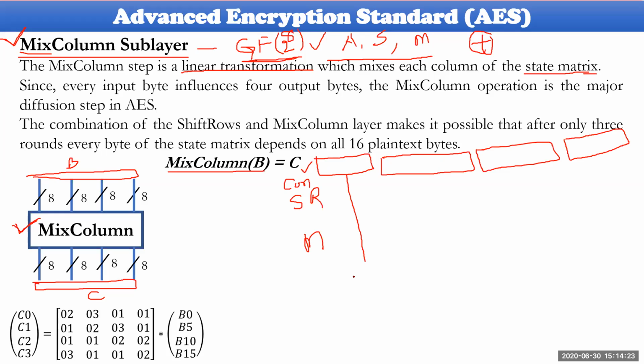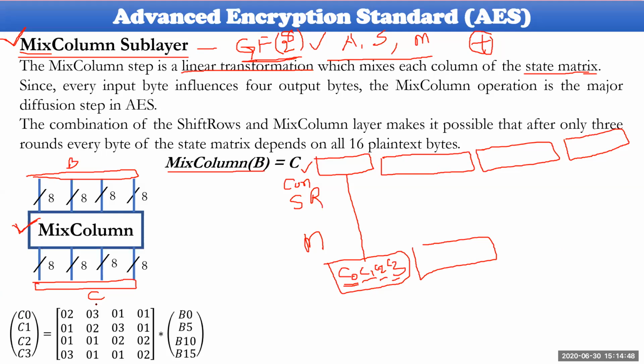Finally, you will get C0, C1, C2, C3. Whatever the mixing, and whatever the names, how it is mixed doesn't matter here. But the final outcome values will be C0, C1, C2, C3. And the next set of values will be C4, C5, C6, C7, something like this.